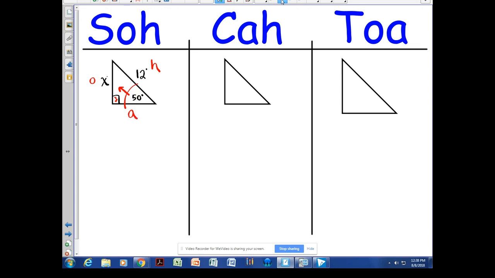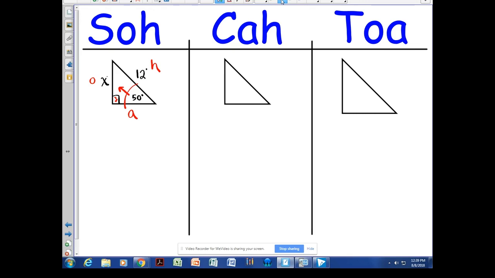Now, the thing with right triangle trigonometry is that we're only going to utilize one acute angle and 2 sides in every problem. So in each problem, there's going to be one side that you do not use.